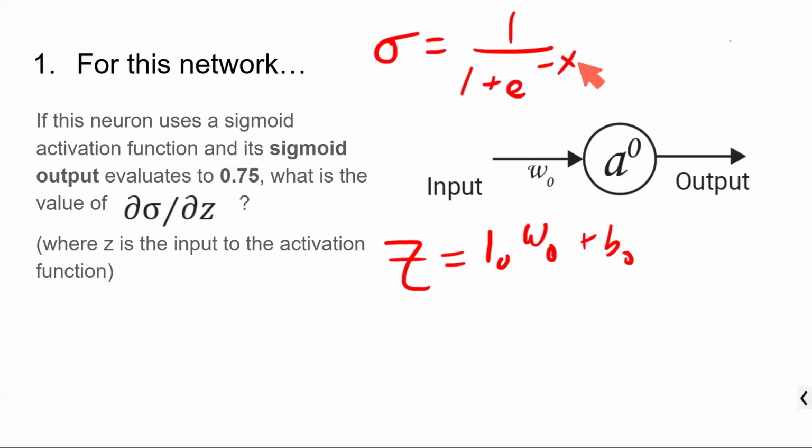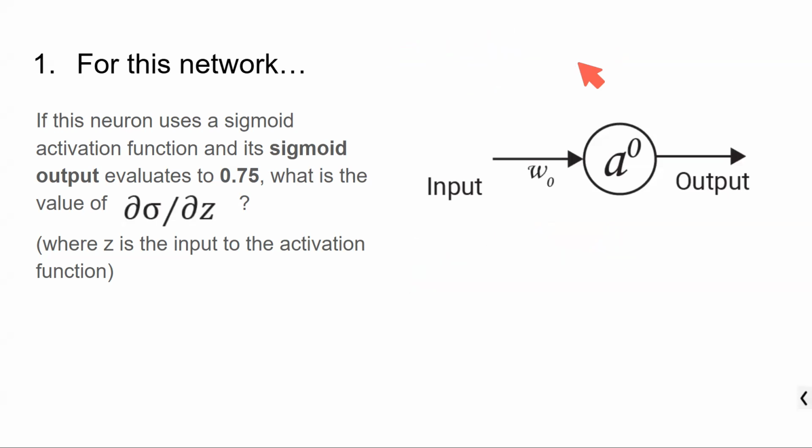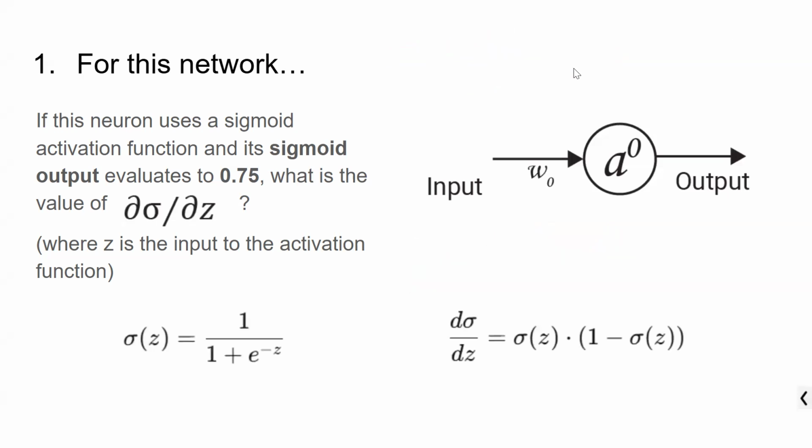Oh my God, making me so happy. Thank you. Okay. I am not going to spend the time doing this, but I will tell you that the derivative of that, and I trust that we all can do derivatives, or I'm hoping that you can, is sigma of z times 1 minus sigma of z.